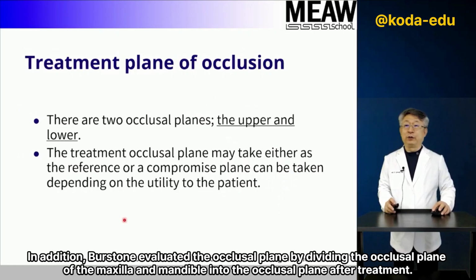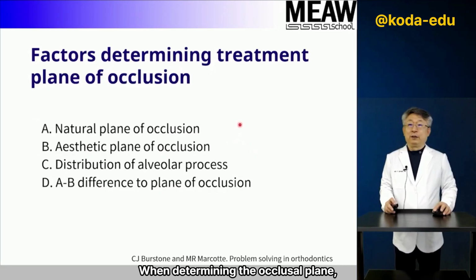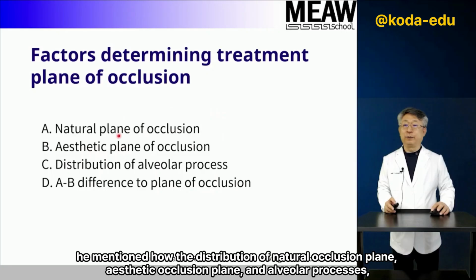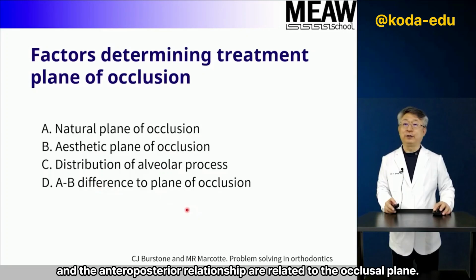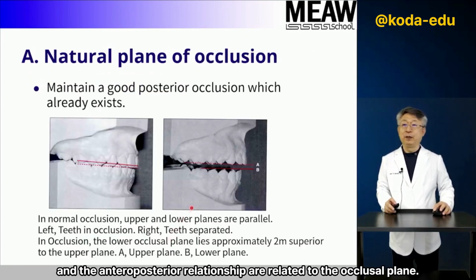In addition, Burstone evaluated the occlusal plane by dividing the occlusal planes of the maxilla and mandible into the occlusal plane after treatment. When determining the occlusal plane, he mentioned how the natural occlusion plane, aesthetic occlusion plane, distribution of alveolar processes, and the anteroposterior relationship are related to the occlusal plane.